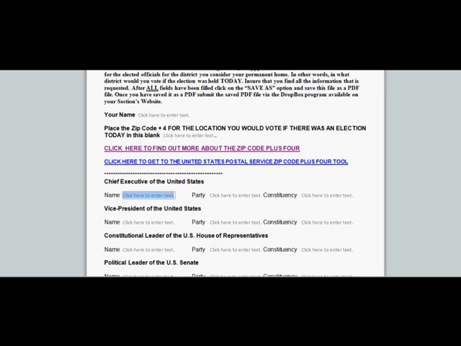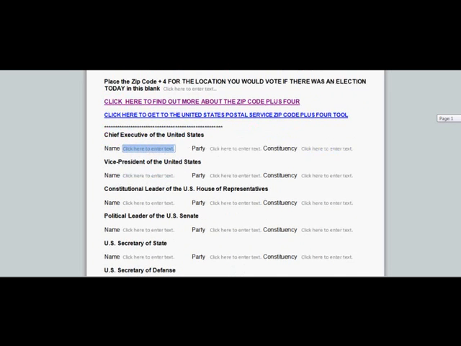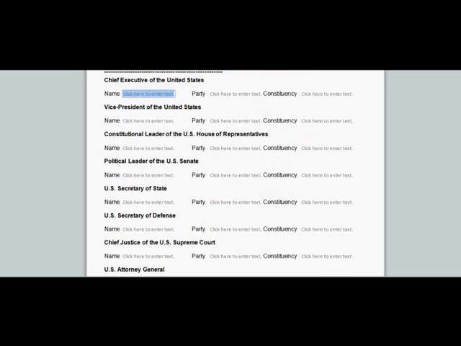Okay? Now there's a couple of things on here that I want you to be aware of. I use some language here, particularly the word constituency, in a very specific manner in this assignment. The word constituency can be used in different ways depending on the context.